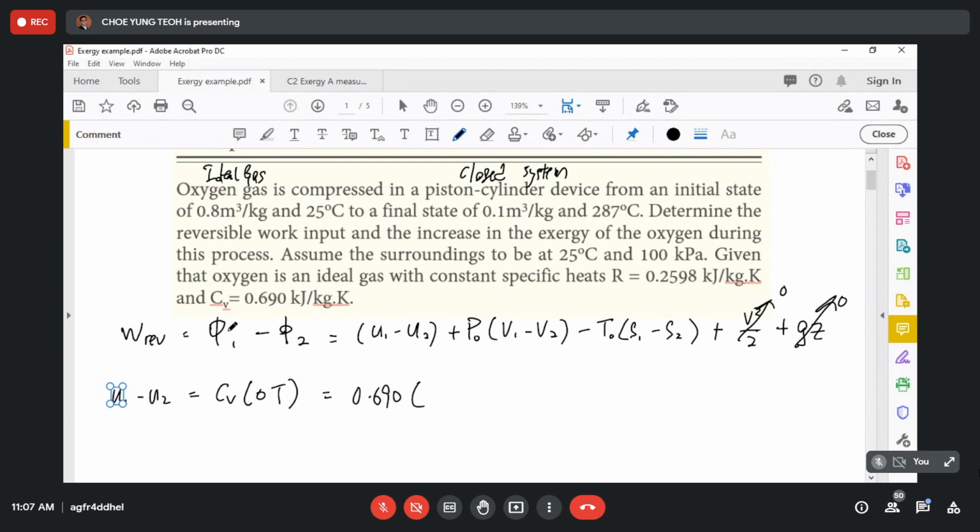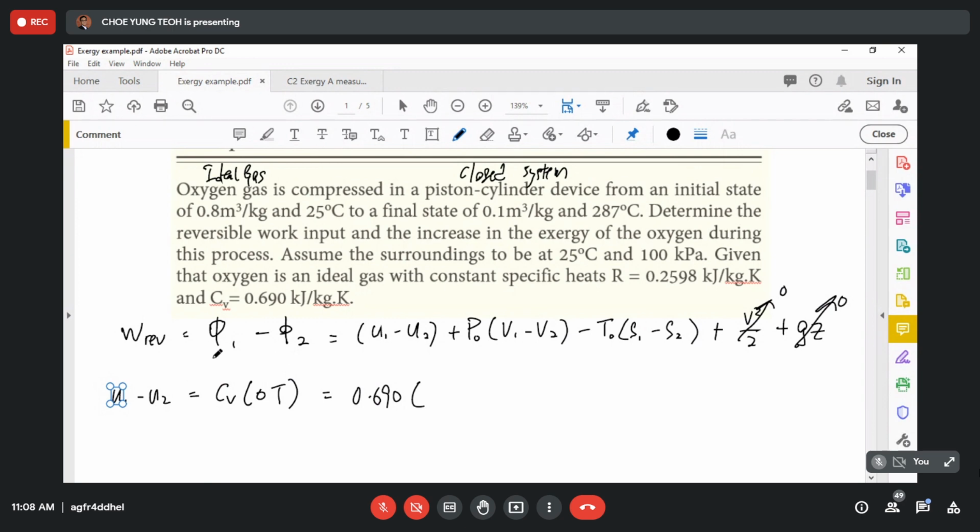Okay, so this is exergy of the state 1, exergy of the state 2. Okay, so which one is higher? If the system delivers work, phi1 will be higher than phi2, because the exergy has been used to deliver work. So the exergy left over at the second stage should be lower.